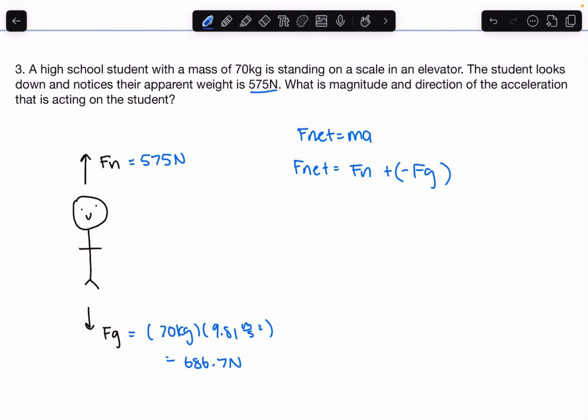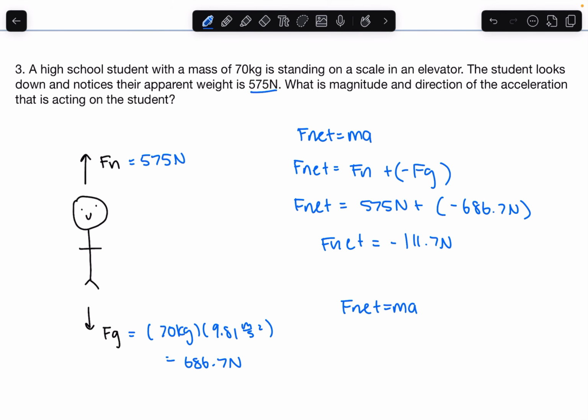Now we just plug in to solve. So F net equals 575 newtons plus negative 686.7 newtons. And that's going to give us a value of negative 111.7 newtons for F net. Now we can plug this back into the F net equals ma equation to find acceleration.